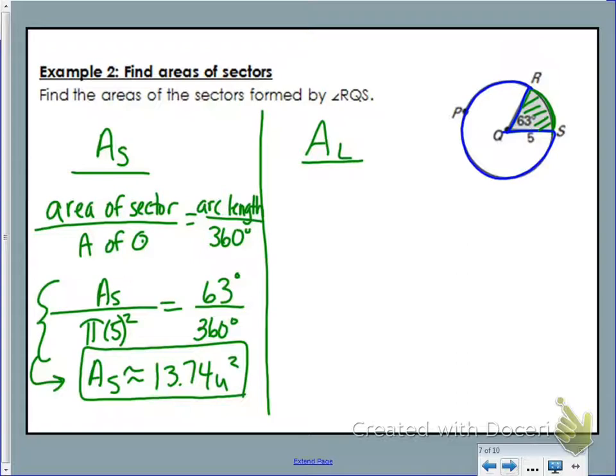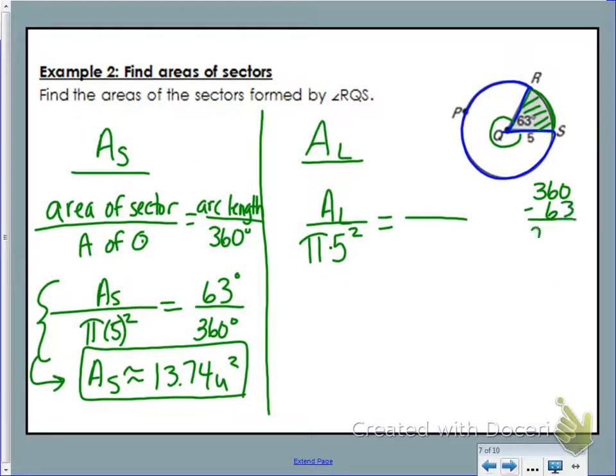All right, so we're going to repeat this process to find the area of the larger sector. It's still the same circle, so we're still using pi r squared where the radius is 5. The difference is, though, our degree measure is no longer 63 degrees, but it's the rest of the circle. So we're simply going to do 360 degrees minus 63 to find that arc measure to be 297 degrees.